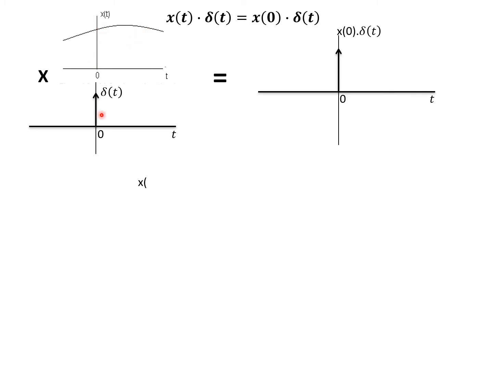If I multiply this with an impulse, tell me what happens. When you multiply value to value, instant by instant, I multiply this instant to this instant, and so on, everywhere.